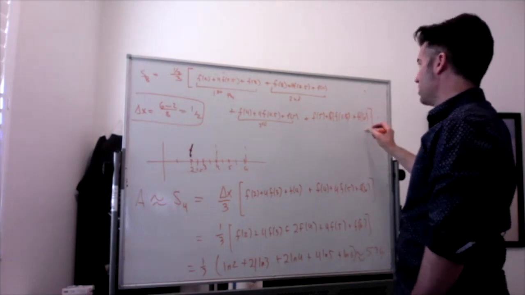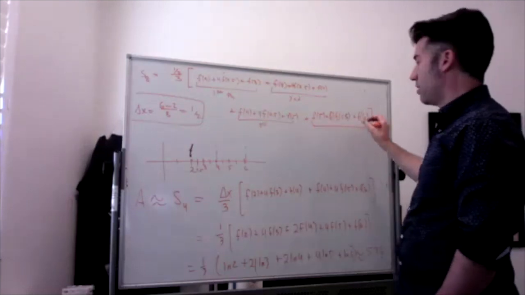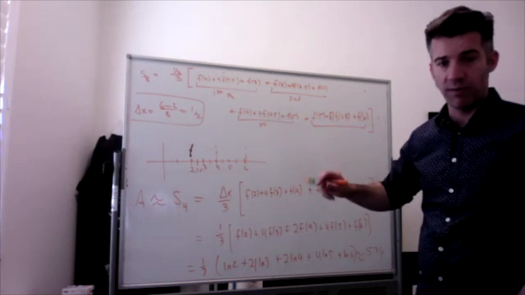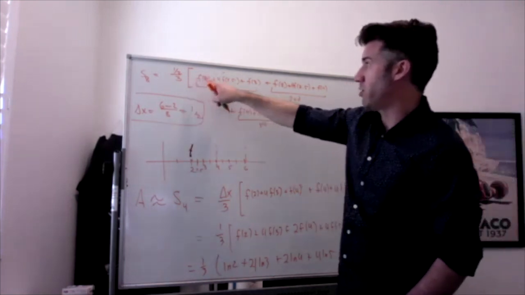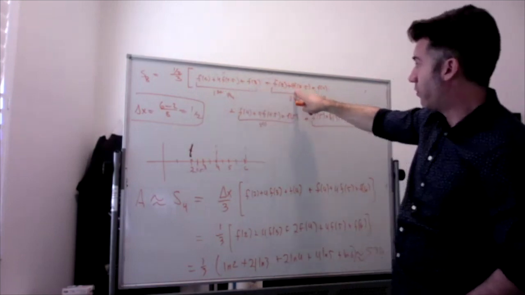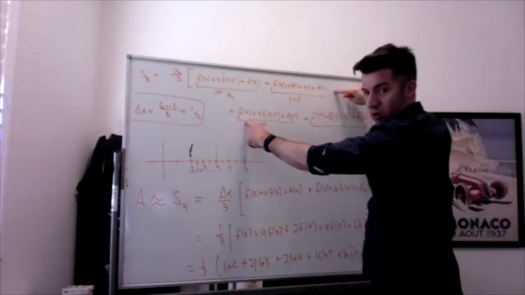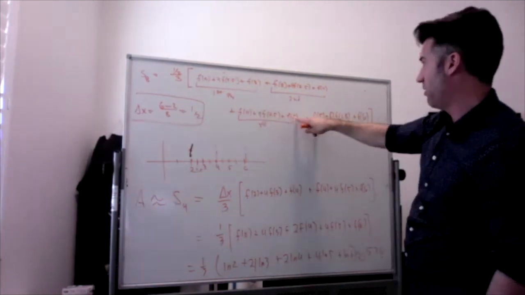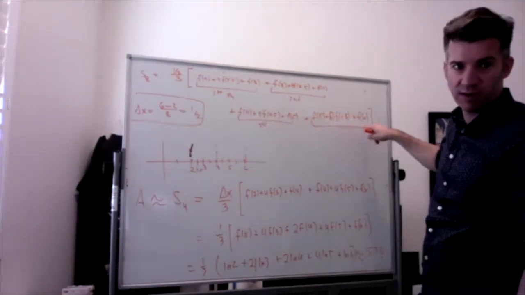I'm really just showing this to show you that you really do get the 1, 2, 4, 2, 4, 2, 4, 2, 1 pattern, right? We've got 1f of 2 plus 4f of 2.5 plus 2f of 3 plus 4f of 3.5 plus 2f of 4 plus 4f of 4.5 plus 2f of 5 plus 4f of 5.5 plus f of 6.